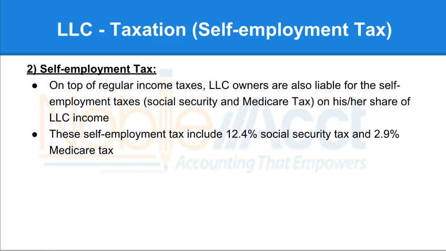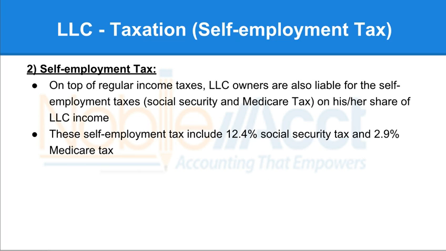This self-employment tax consists of the Social Security and Medicare taxes. Both of these taxes combined equal about 15.3% additional tax on top of the regular income tax.